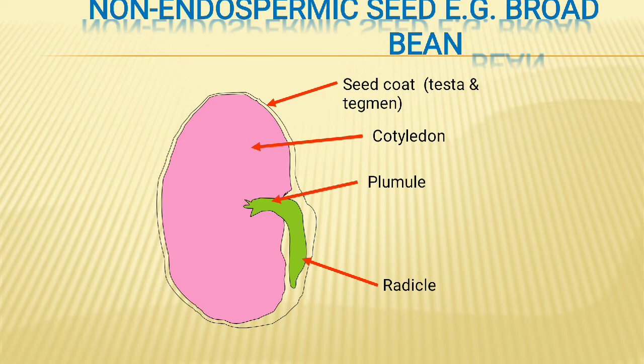Tegmen. Tegmen contains N. It means tegmen is the inner layer of the seed coat. Testa is the outer. Within the outer word T is there, within the inner word N is there. I have compared this N and T.